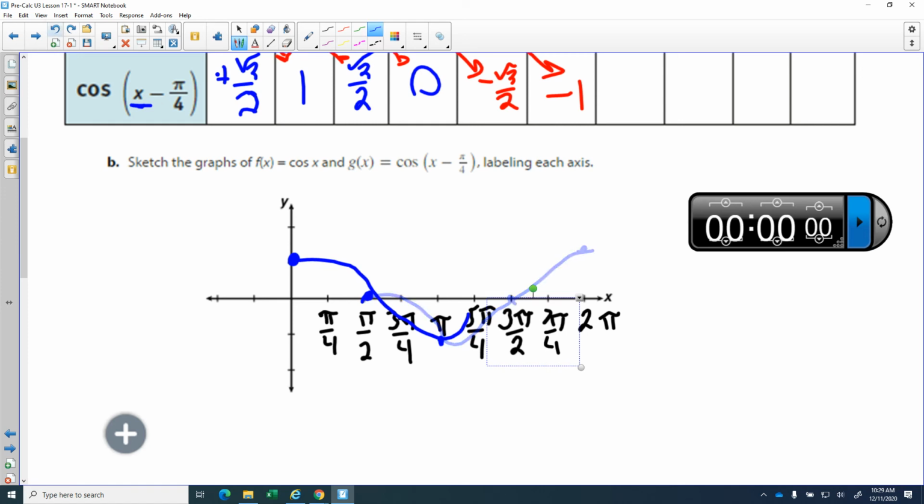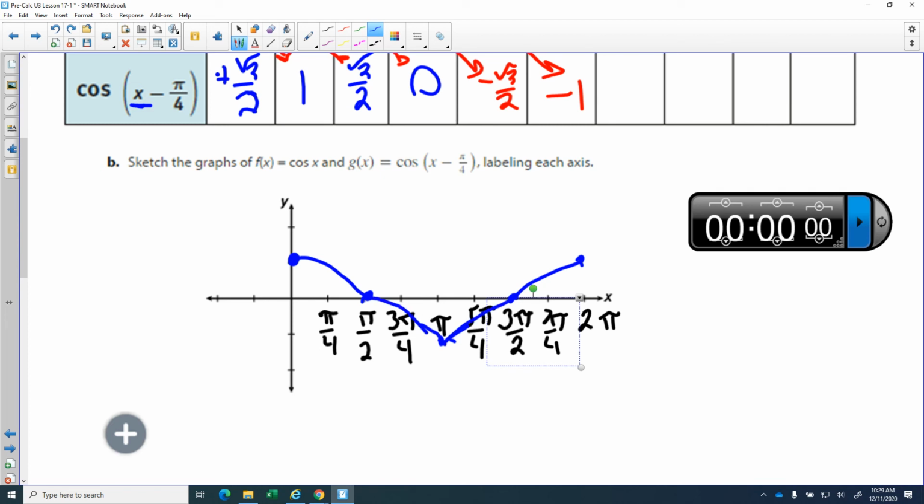That looks really gaudy, let me fix that up. I don't really enjoy how they don't draw the actual pi over 4 on the graph. But that's our original cosine function. I'm not going to fully draw it in, but just so we understand this, that is our cosine graph there.